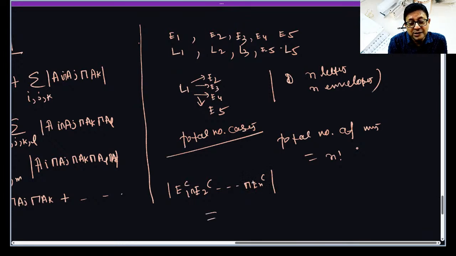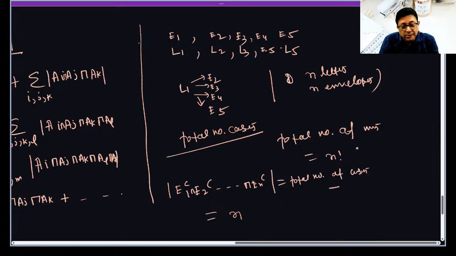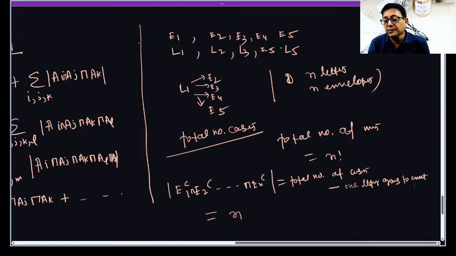This will be total number of cases minus total number of cases when one letter goes to the correct envelope.